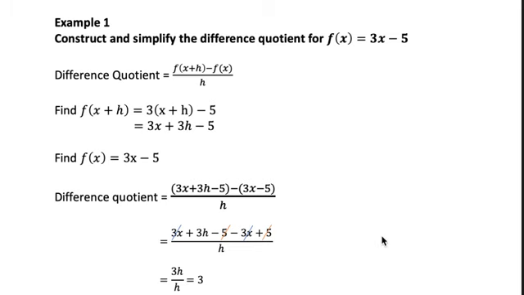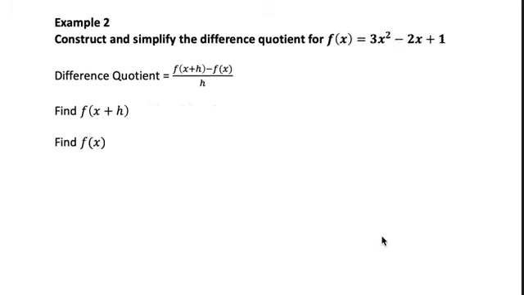Okay, now let's go through another example. Example 2. In this one, it's going to be a little bit more complicated. So we're going to construct and simplify the difference quotient for f of x is equal to 3x squared minus 2x plus 1. So we're going to find f of x plus h and f of x.